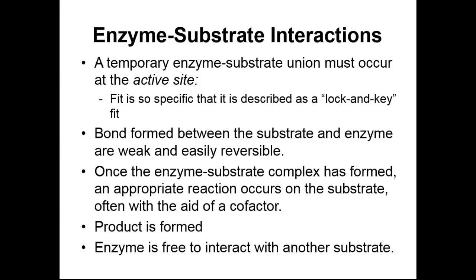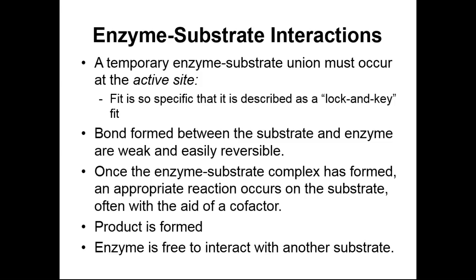Now the shape of the substrate is so specific to the shape of the active site that you could think of the relationship between the enzyme and the substrate as kind of like a lock and a key. Only the correctly shaped substrates will fit into the correctly shaped active sites on the correct enzymes. This is important because when we are regulating the chemical reactions that keep us alive, we want the correct enzymes regulating the correct chemicals for the correct metabolic pathways.